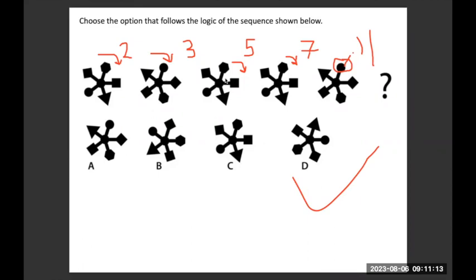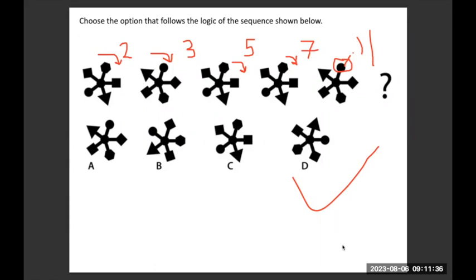First try with some kind of rotation possibility. If the rotation possibility does not work for you, only then shift towards any other logic, would be my suggestion. Okay, ma'am. Thank you. Any doubts anybody has?